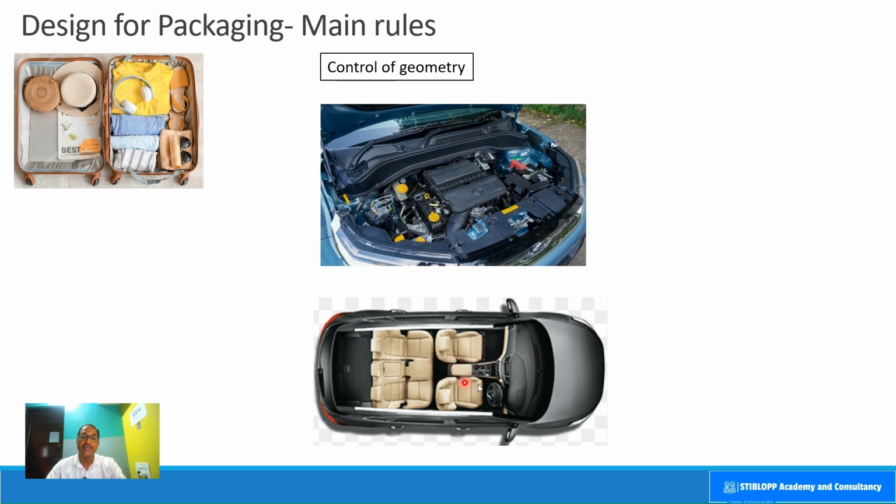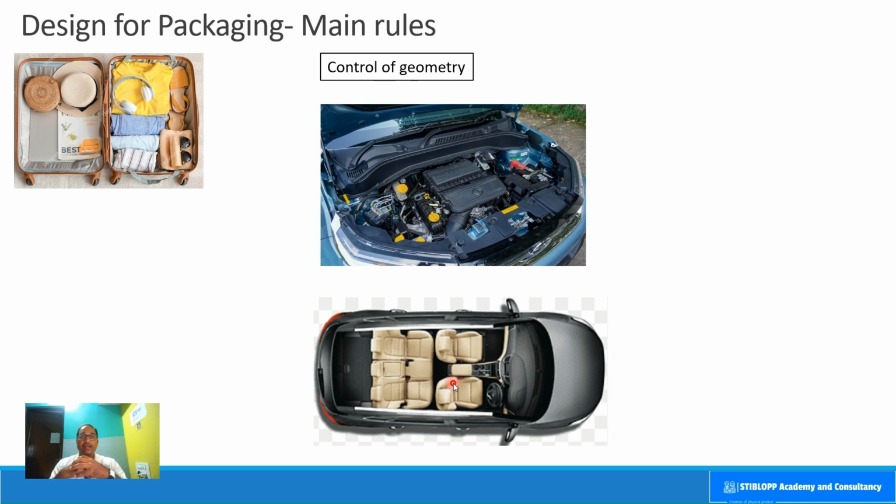So this gap is meant to package the armrest. Okay, and in case of the driver seat, there is enough leg room so that the driver can operate the accelerator, brake, and the clutch comfortably. And there is a pass through in between the front row seats and the second row seats. So this pass through is having some dimension. So all these things are taken care at the time of design for packaging.